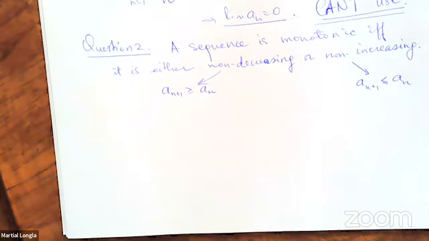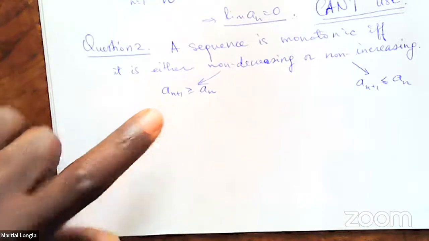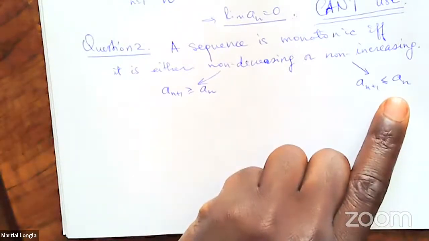So if you want to show that a sequence is non-decreasing, you want to show this. If you want to show that a sequence is non-increasing, you want to show that.